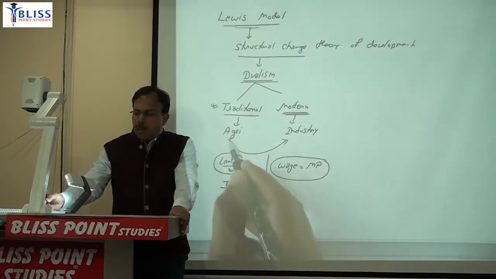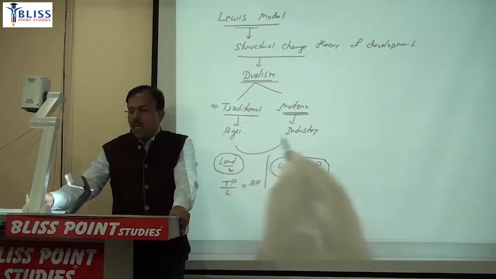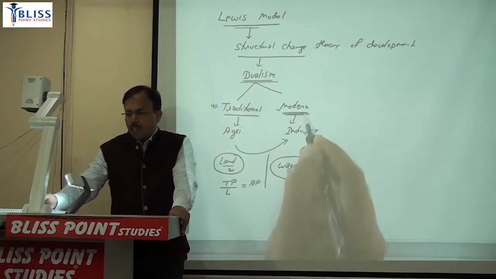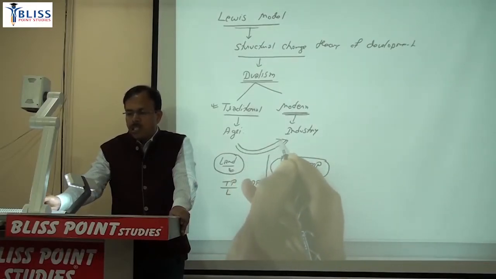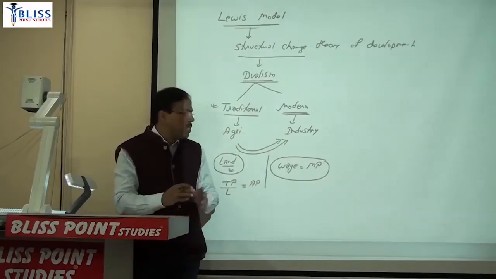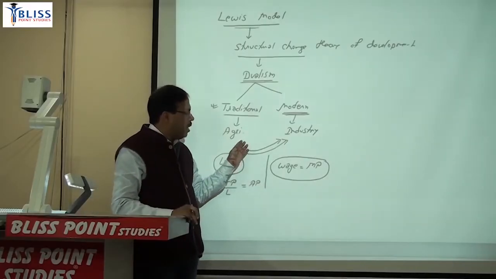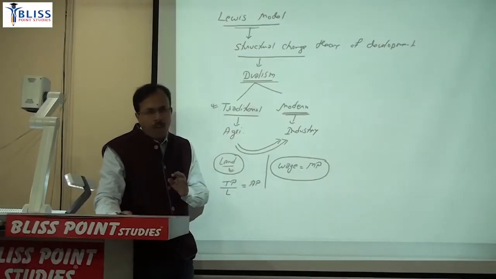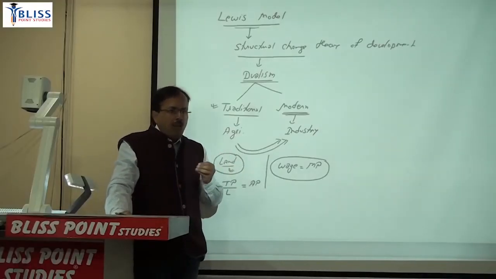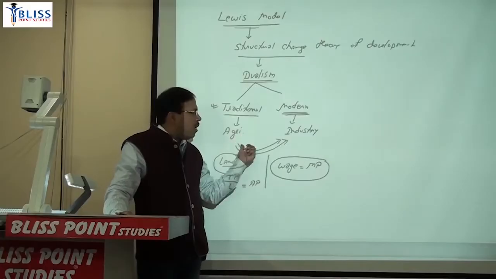Now when wages are lower in agriculture and higher in the modern sector, workers will migrate from the traditional sector to the modern sector. So migration is basically arising because of the difference in wages. But the question is, why do not all laborers migrate at one point of time?